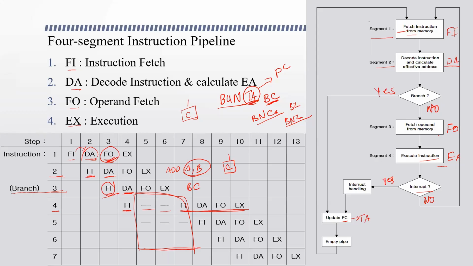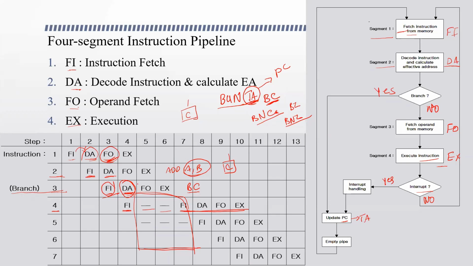Here, as I said earlier, the branch instruction may be conditional or unconditional. And during the decode phase, once decoding is over, we will know whether it is a branching instruction or not, right?